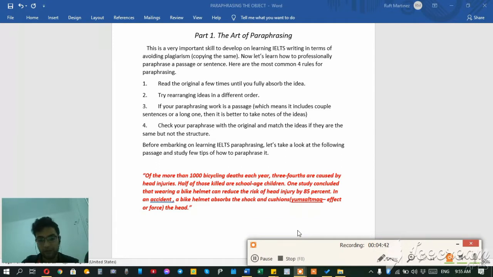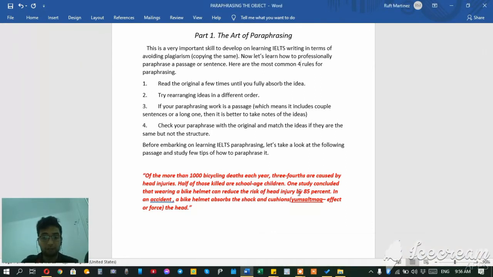After that, you can take notes of each sentence and check your paraphrase with the original one. Match the ideas: they should be the same, but not the structure. The structure should be different, the idea should be the same. This is the definition of paraphrasing.